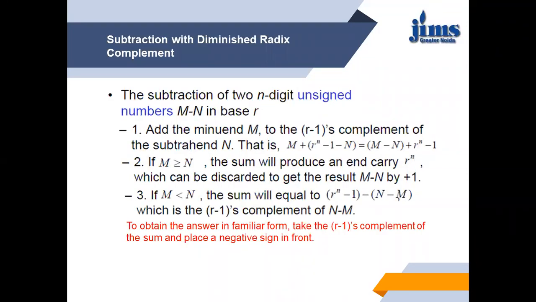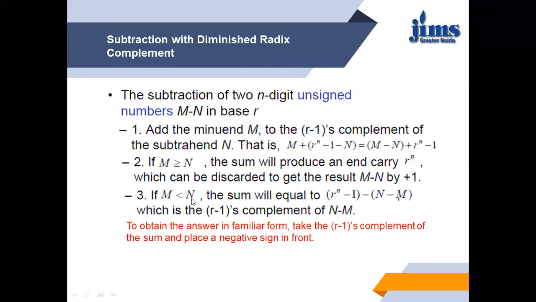So what is the difference between r's complement and r minus 1's complement? The first step is the same. We have to calculate the r's complement or r minus 1's complement of n and add it to m. If there is a carry, in case of r's complement, we discard the carry. In case of r minus 1's complement, we add that carry to the sum, and that is your result.